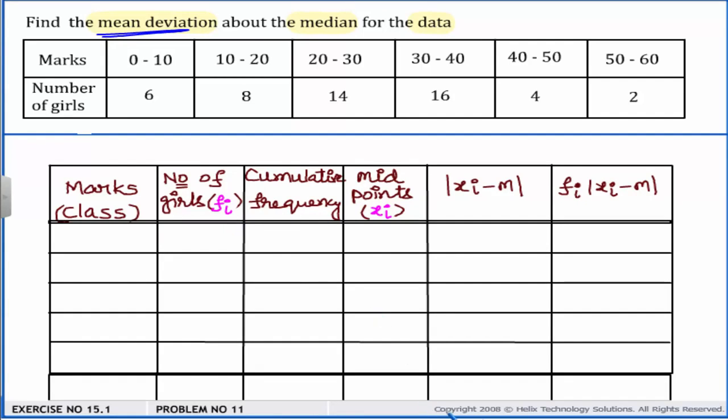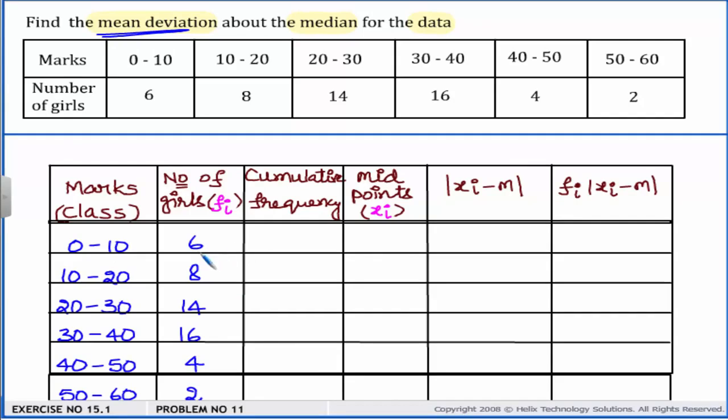Now let us write the data in this. Now let us find out the cumulative frequency. We have 6, 6 plus 8, that is 14, 14 plus 14, that is 28, followed by 44, 48, and we have 50.